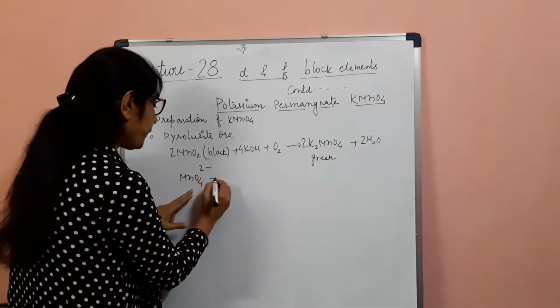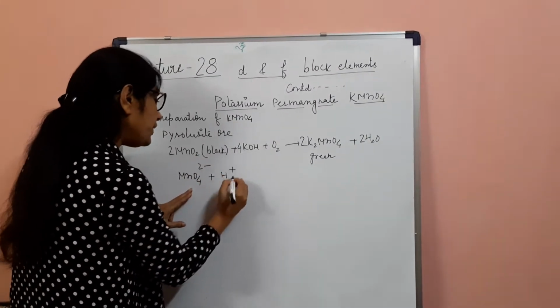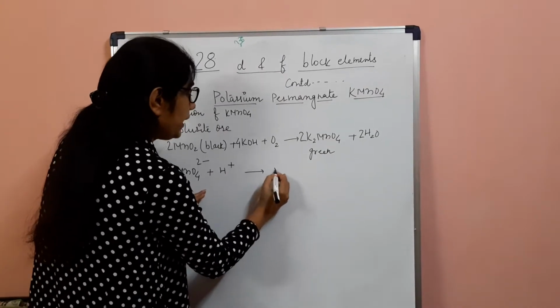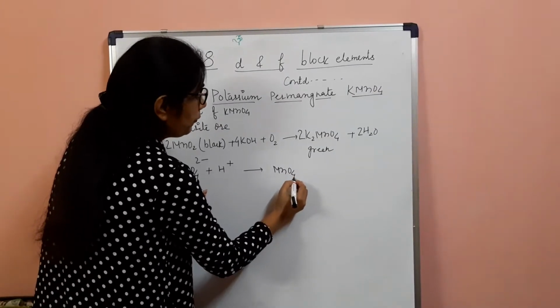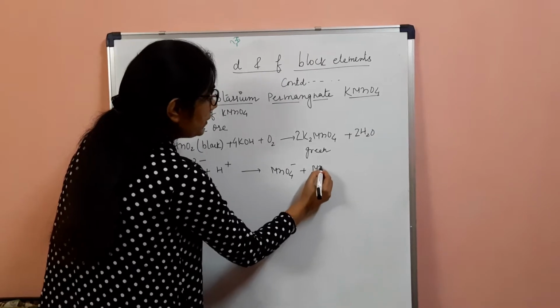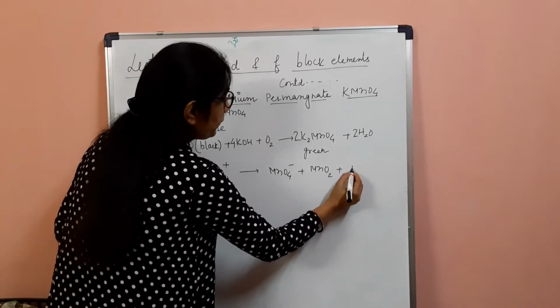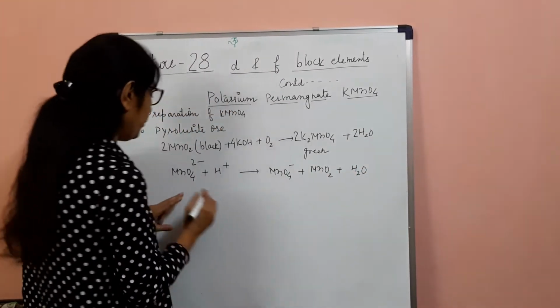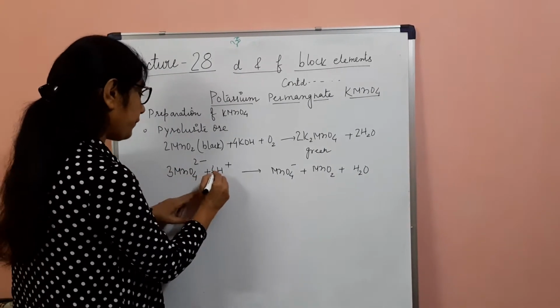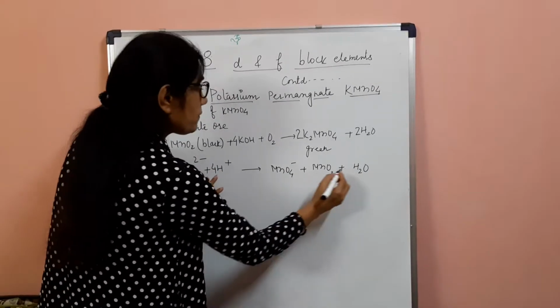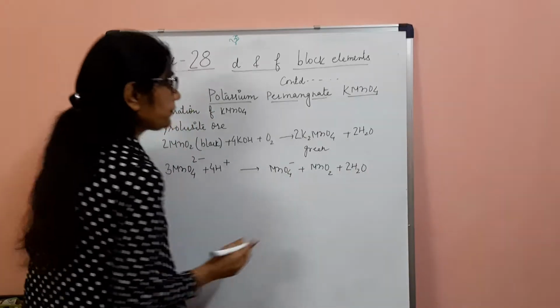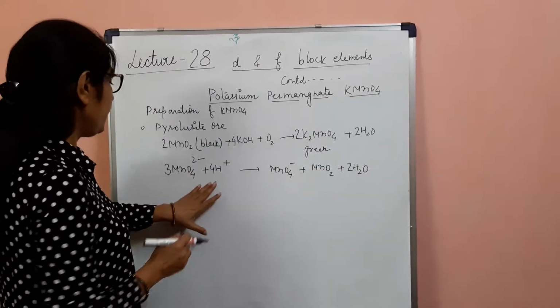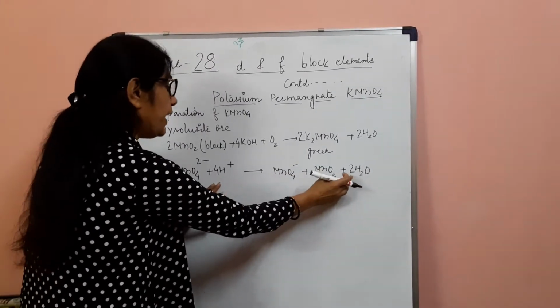So this manganate, when it is acidified, then we get MnO4 minus plus MnO2 plus H2O. Four hydrogen.